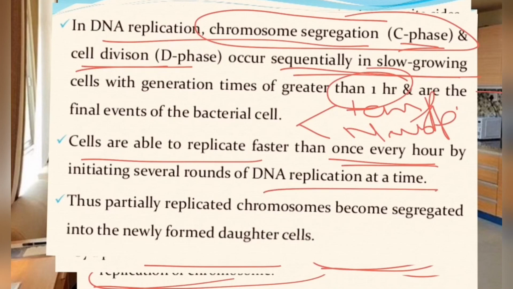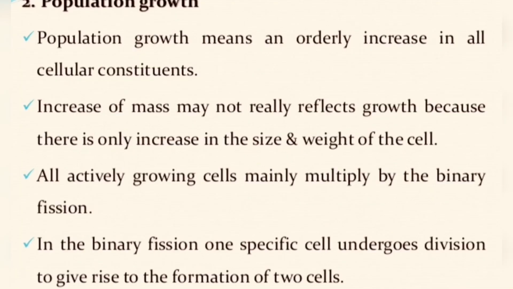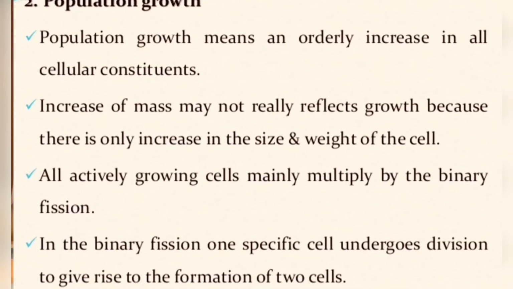Thus partially replicated chromosomes become segregated into the newly formed daughter cells. It all depends upon the temperature, the weather, and nutrient conditions.